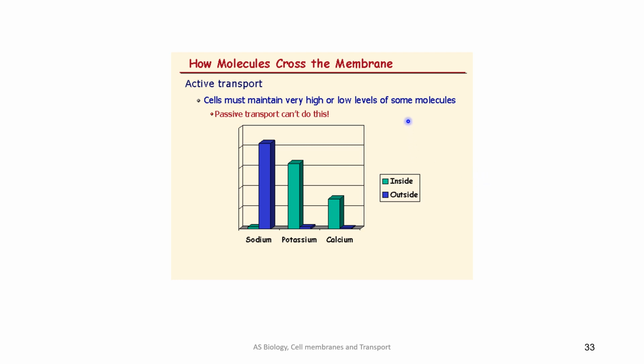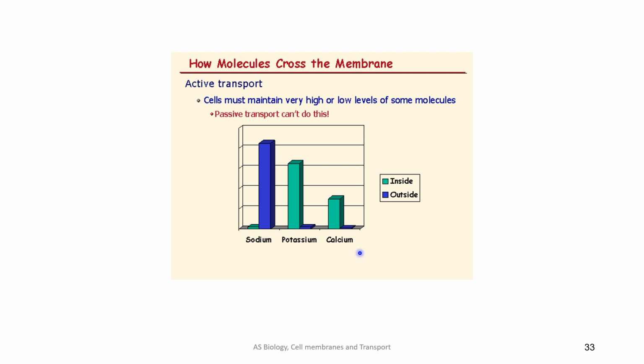Remember, in diffusion, it's always going from a high concentration to a low concentration. It's always moving down that concentration gradient. So if a certain level of a molecule needs to be very high or very low inside the cell, we need to use energy. We need to use cellular energy to keep those levels where they should be, either very high or very low.